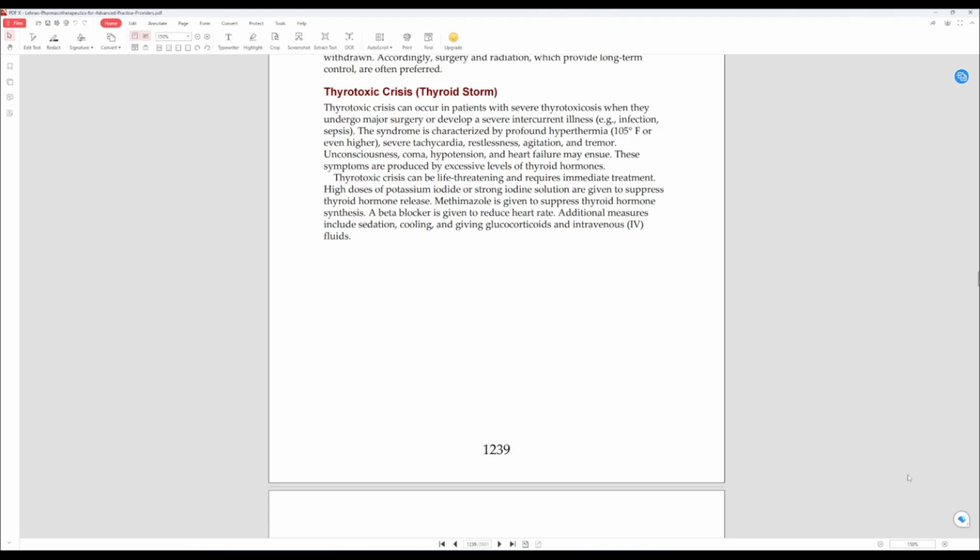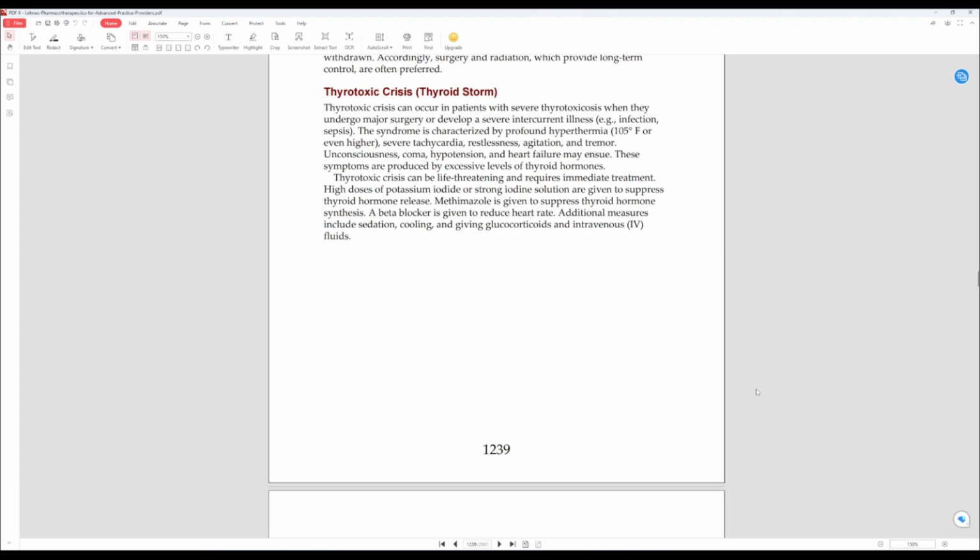The syndrome is characterized by profound hyperthermia, a temperature of 105 or higher, severe tachycardia, restlessness, agitation, and tremors. Unconsciousness, coma, hypotension, and heart failure may ensue. These symptoms are produced by excessive levels of thyroid hormone. Thyrotoxic crisis can be life-threatening and requires immediate treatment.